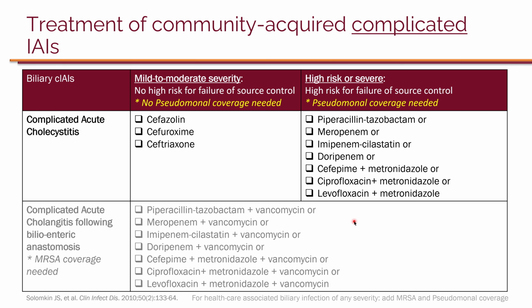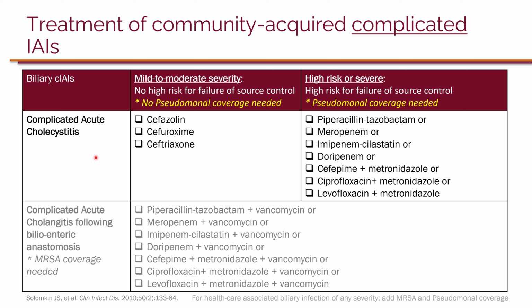Now, for community-acquired complicated intra-abdominal infections, when we look at acute cholecystitis, again, we look at those risk factors. So high risk and mild to moderate severity. So mild to moderate, again, there is no need for Pseudomonal coverage. So cefazolin, cefuroxime, or ceftriaxone.